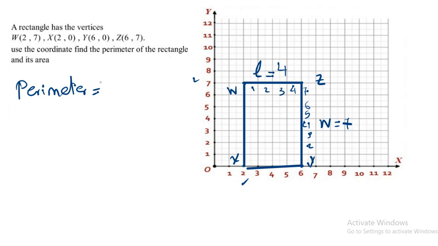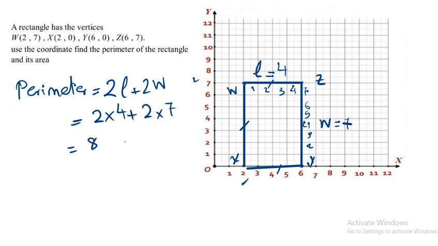So we can say 2 lengths plus 2 widths, because this 4 is the same as this 4, and this 7 is the same as this 7. So we have 2 times 4 plus 2 times 7 equals 8 plus 14, which is 22 length units. The perimeter is a length measurement.